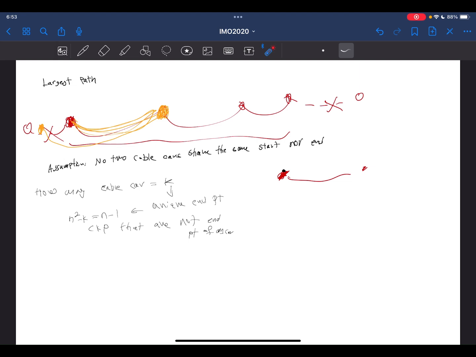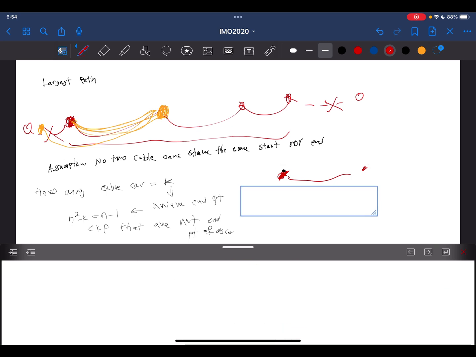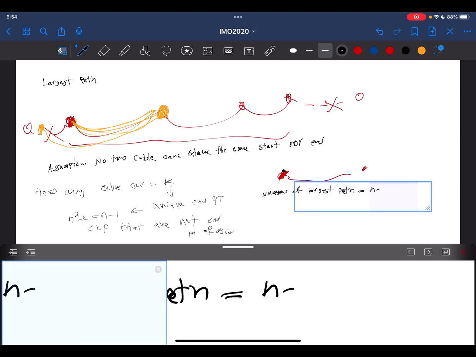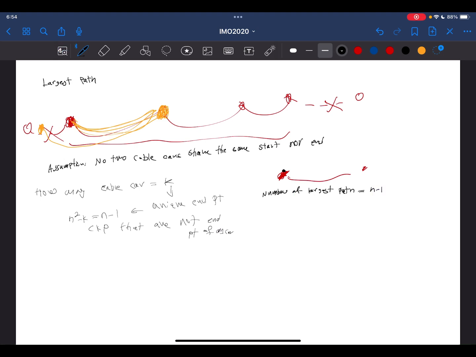right? And this is actually telling us the number of largest paths is equal to n minus 1, because for any of these n minus 1 checkpoints that are not the endpoint of any A cable car, you just initiate or start the largest path, and that would be the unique largest path associated with that checkpoint.